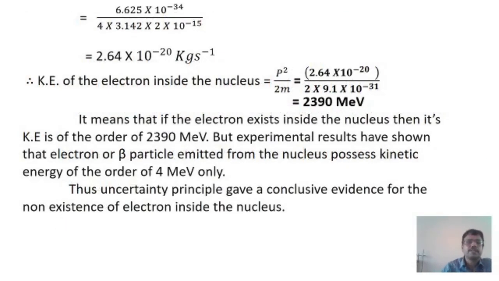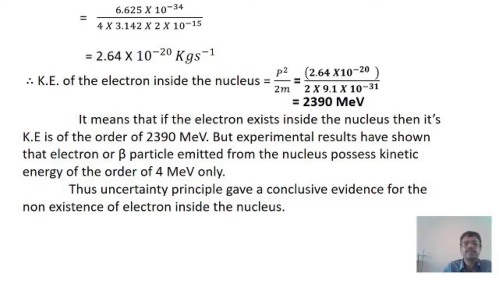If you substitute, 6.625 into 10 power minus 34 joule second is the value of Planck's constant, divided by 4 into 3.142 into delta x, where delta x is 2 into 10 power minus 15. The answer is 2.64 into 10 power minus 20 kg meter per second, which is the uncertainty in the measurement of momentum.